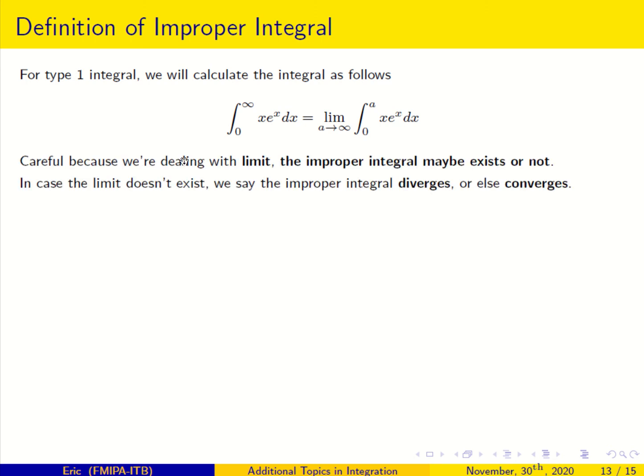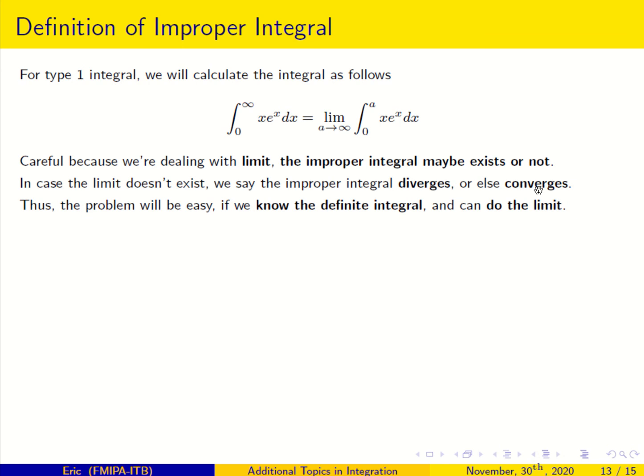Okay, careful because we're dealing with limits. The improper integral may exist or not. In case the limit doesn't exist, we usually say that the improper integral diverges, or else it converges to the value. Thus, the problem will be easy. Why? Because we have learned all of the integral techniques that we have discussed: direct integration, substitution method, and integration by parts.